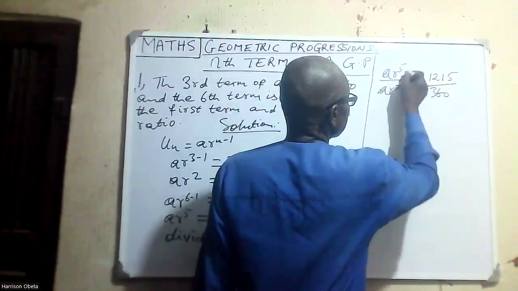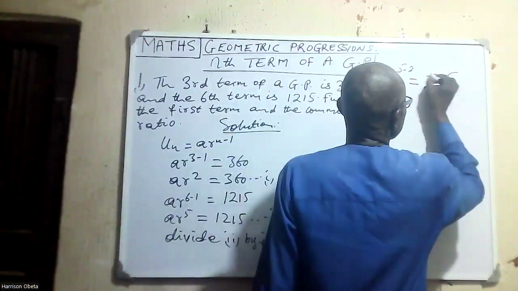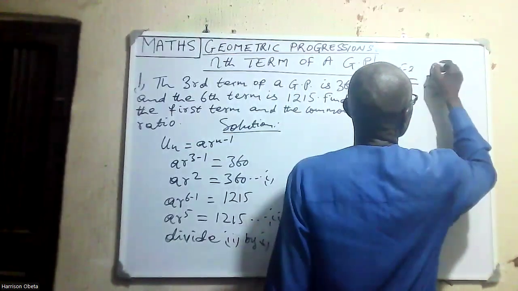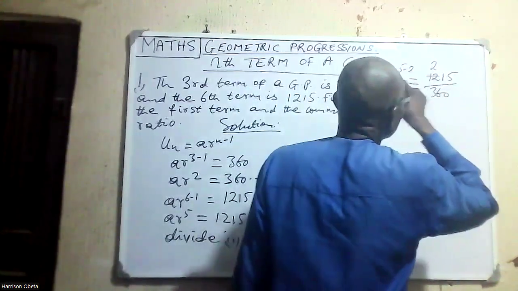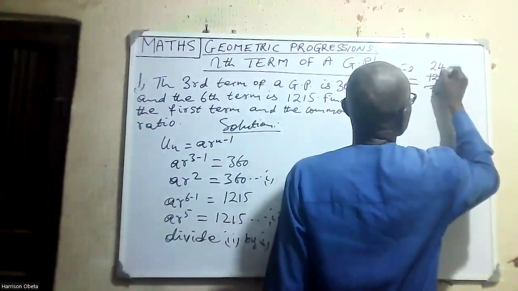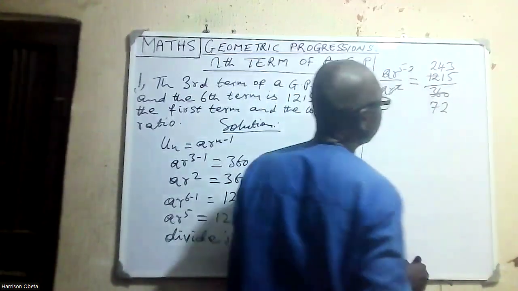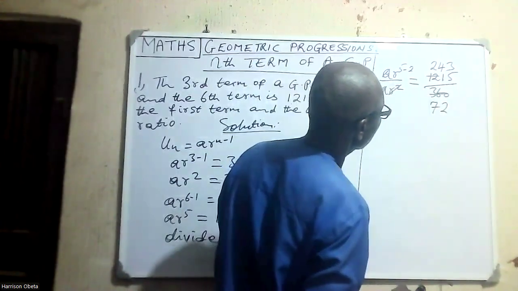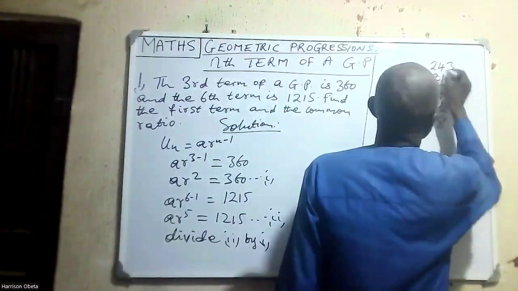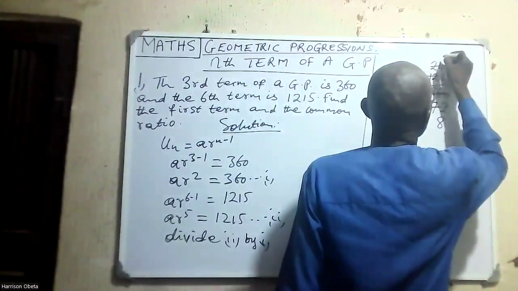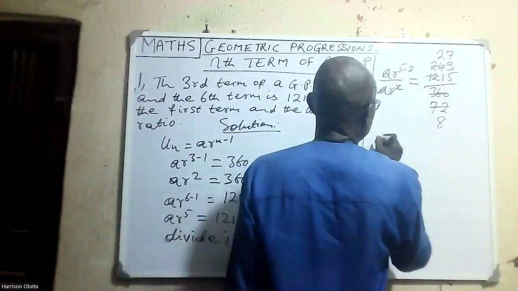Then you divide this and subtract 2 from 5, which is 3. Then 1215 over 360: we can use 5, so 5 here is 243 and 5 here is 72. Then we can use a 9. 9 here is 27 and 9 here is 8.